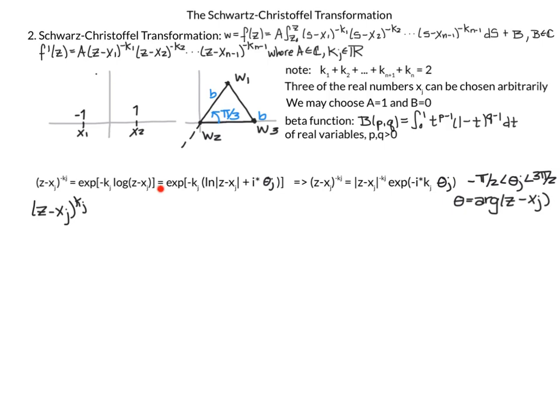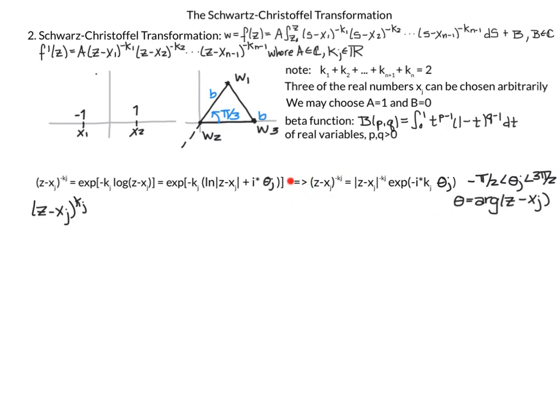Then that's equal to the exponent of minus kj times, using our definition of log from chapter 3, the natural log of the absolute value of z minus x sub j plus i times theta j.